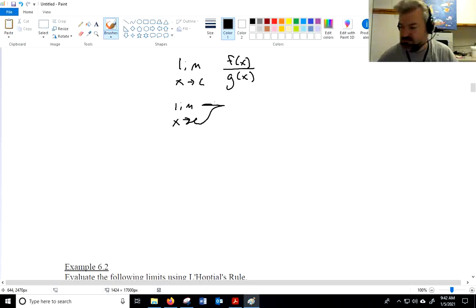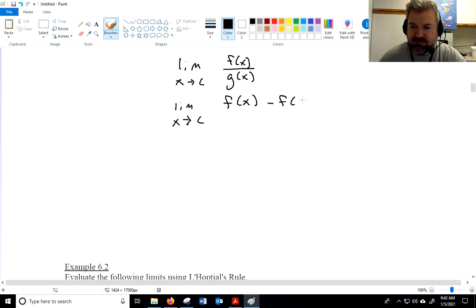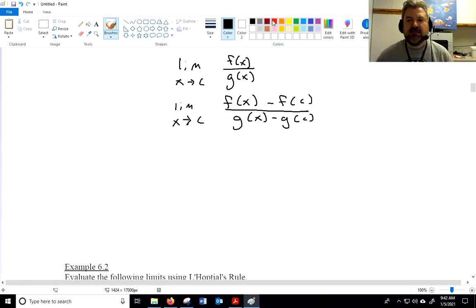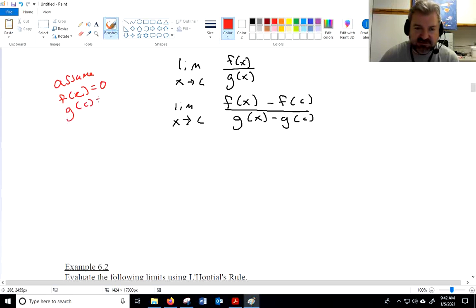We can say f of x minus f of c over g of x minus g of c. I should be able to say that. Why can I say that? Well, that's because we're assuming, remember, right? We're starting with the special case that f of c is 0 and g of c is 0.